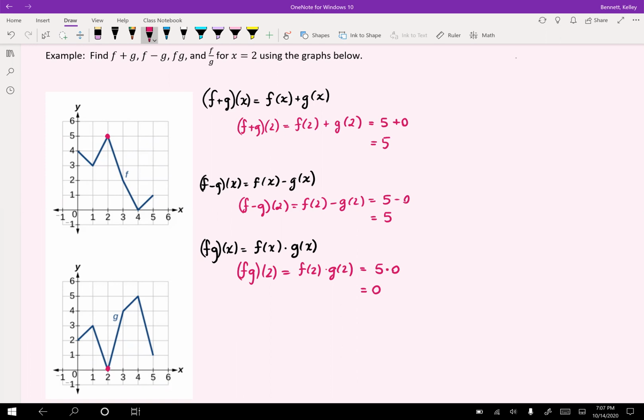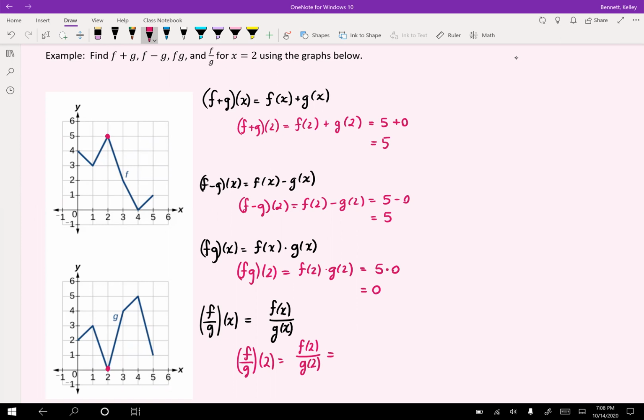And then the last one here, I'm going to have f over g of x. This equals f of x over g of x. So then f over g of 2 is f of 2 over g of 2.